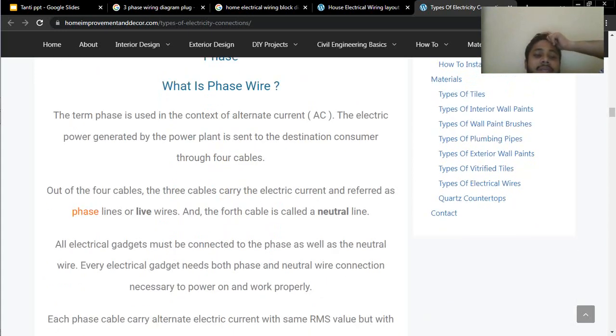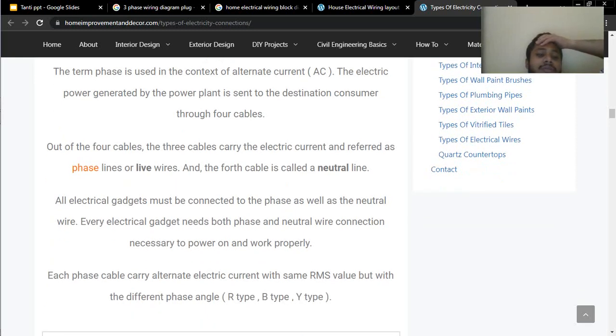The term phase is used in the context of alternating current, AC, and the electric power generated by the power plant is sent to the consumer through four cables. Out of four cables, three carry the electric current and are referred to as phase lines or live wires, and the fourth cable is called neutral.